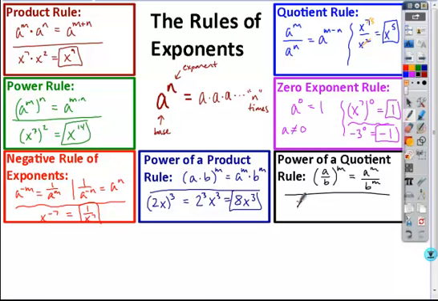Okay, so if you had something like this, x over 2 cubed, then that power of 3 is going to apply both to the x and to the denominator 2, which once again you can simplify completely.